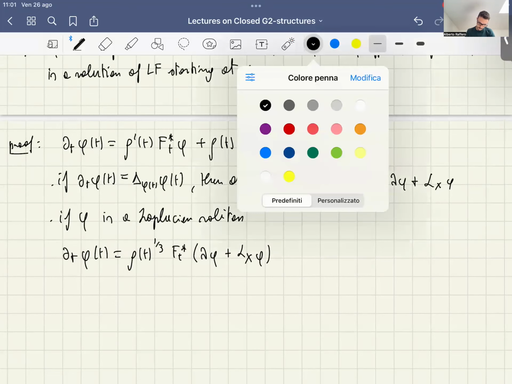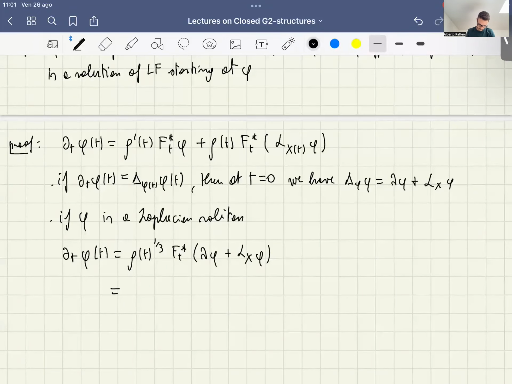So by hypothesis, this is rho t to the 1/3 times the pullback of the Laplacian of phi, because we are assuming that phi is a Laplacian soliton.